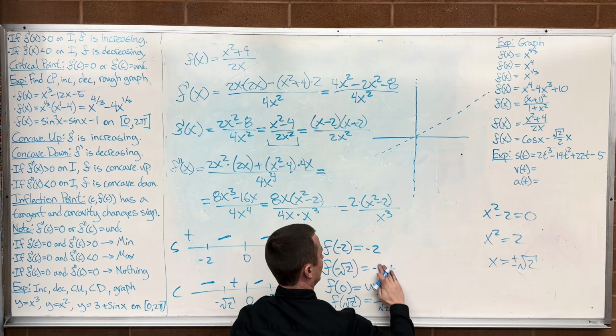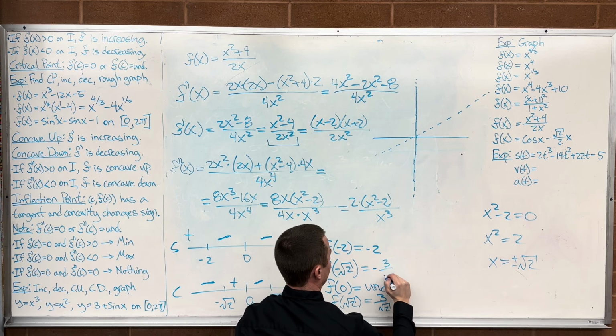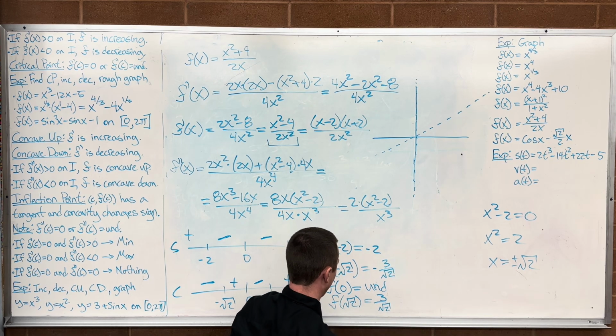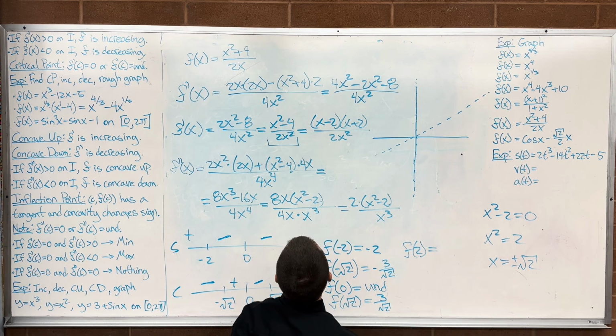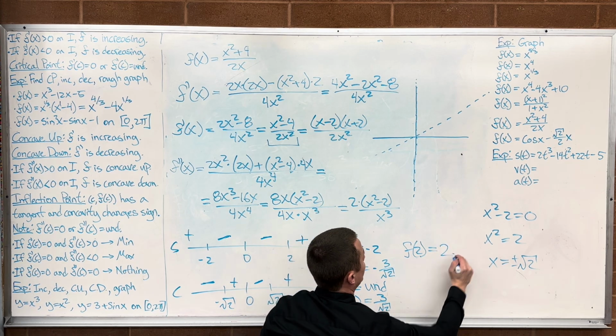And this other one was negative 3 over square root of 2, right? The square root was in the bottom. Okay. And then finally, f at 2 gives us 2.